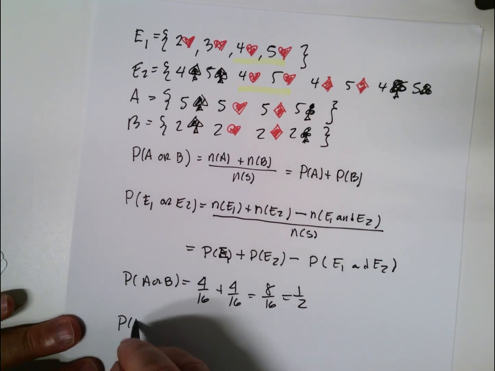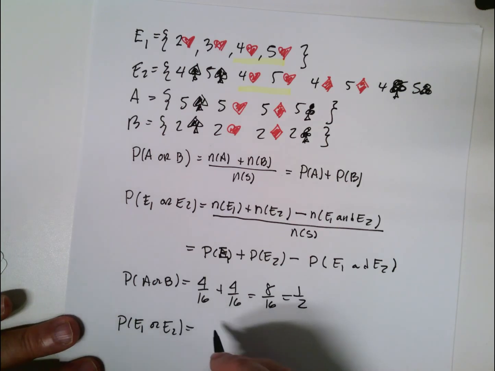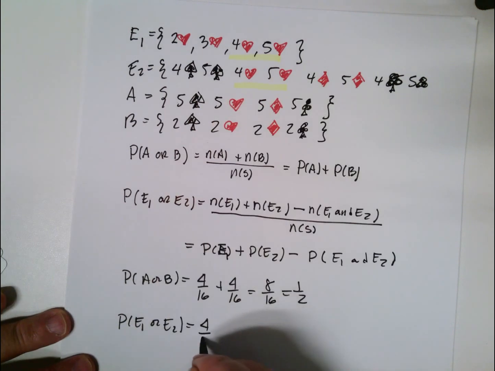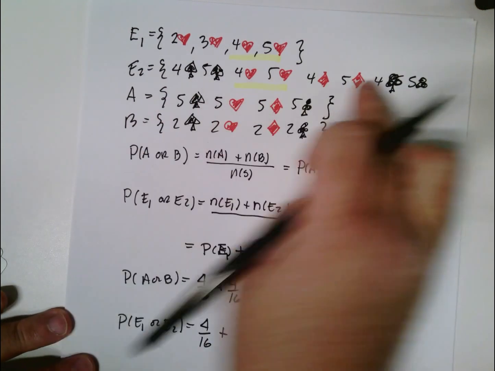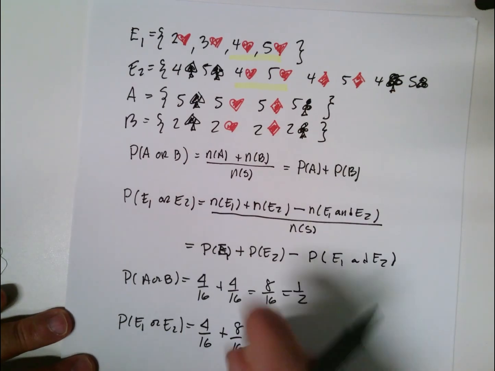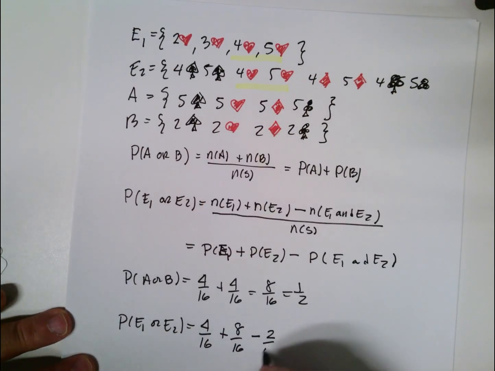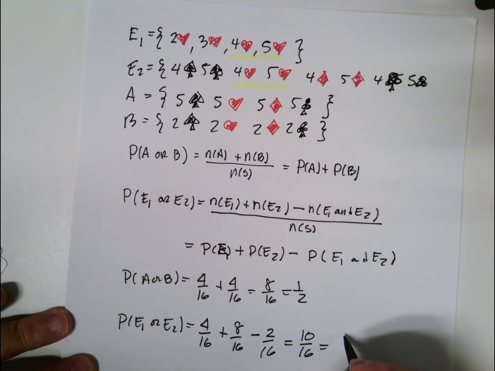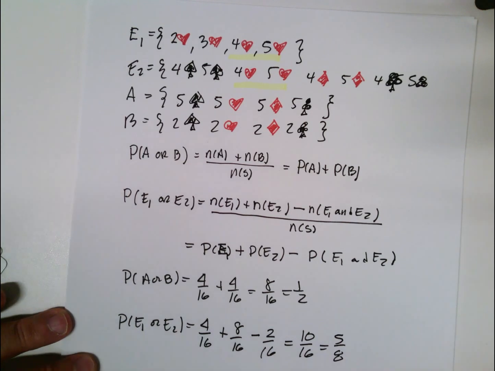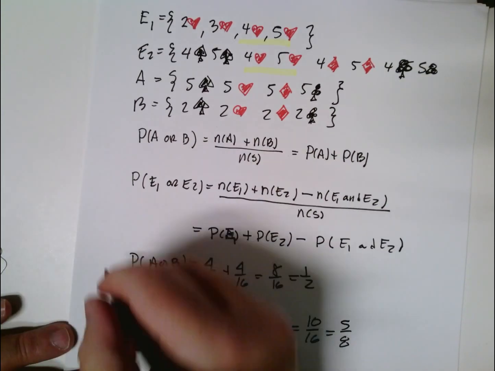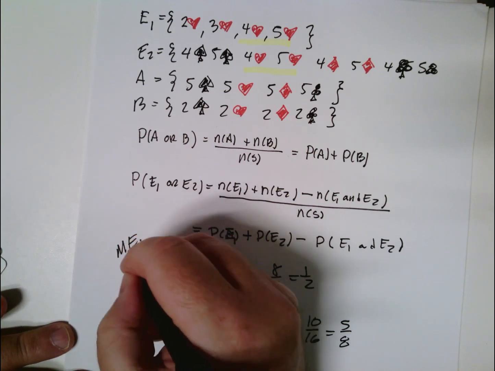The probability of E1 or E2 would be the probability of E1, well there's 4 out of 16 in that one, plus 2, 4, 6, 8 out of 16 in that one, minus the 2 that they have in common. So I get 10 out of 16, or 5/8, like that. Alright, so these two were mutually exclusive, and these are not.